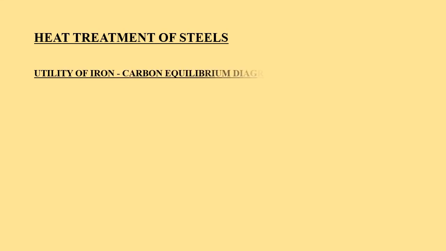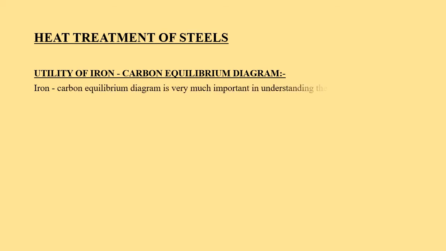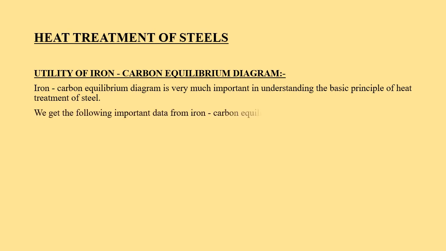Utility of iron-carbon equilibrium diagram. Iron-carbon equilibrium diagram is very much important in understanding the basic principle of heat treatment of steel. We get the following important data from iron-carbon equilibrium diagram.